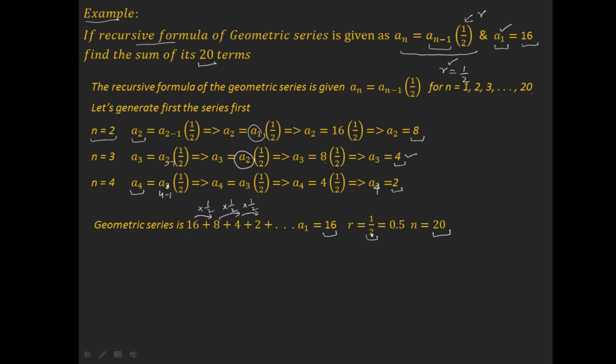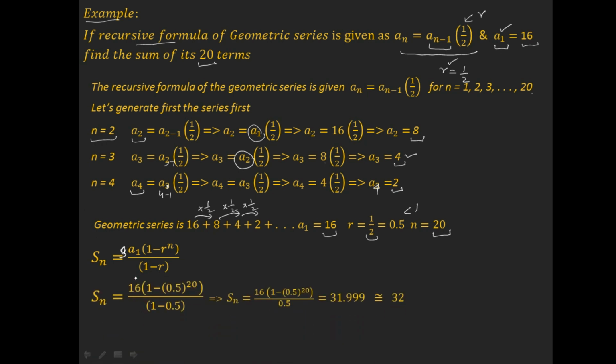Now r is 1 by 2, the first term is 16 and n is 20. As r is less than 1, the formula is Sn is equal to A1 in bracket 1 minus r power n, divided by 1 minus r.